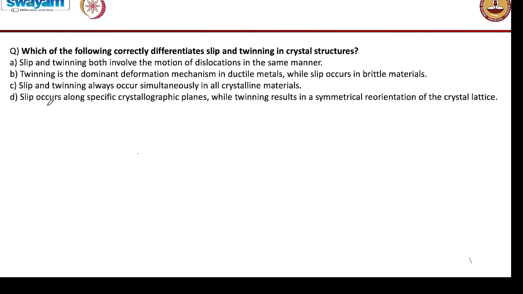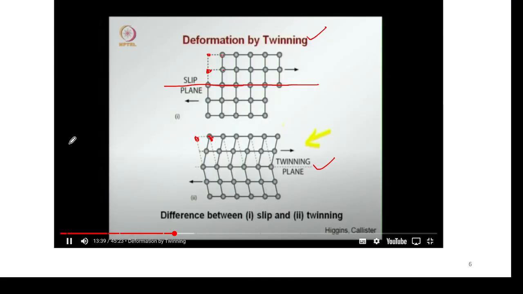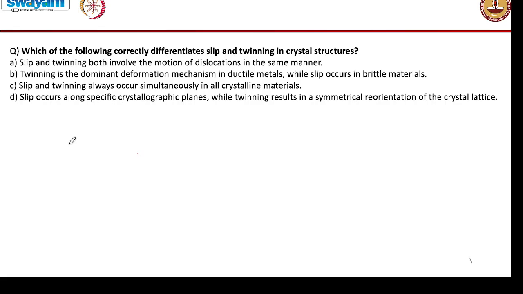Four: slip occurs along specific crystalline planes, while twinning results in a symmetrical reorientation of the crystal lattice. We have just seen examples of slip and twinning, so it will be easy to answer this. Please try to answer, and then we'll move forward to the next question.